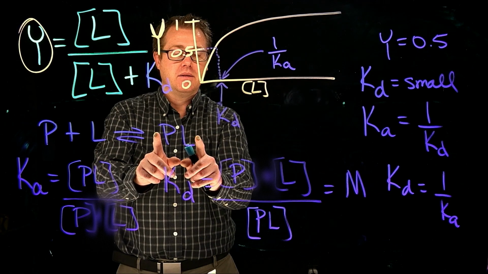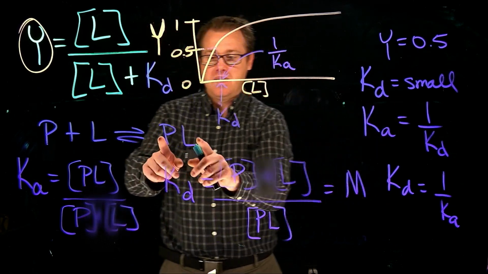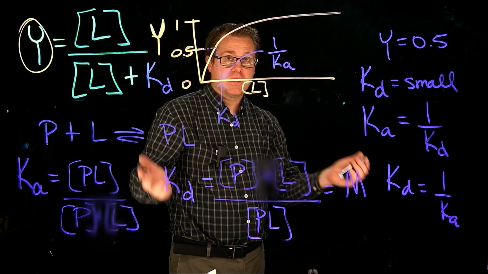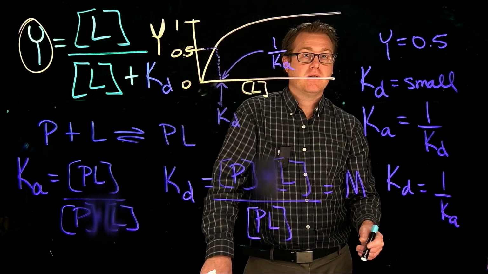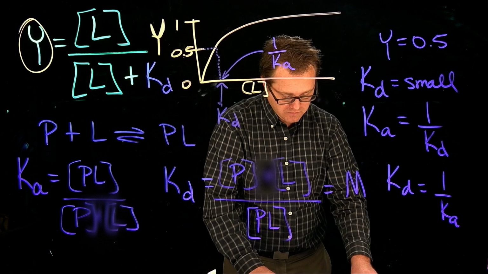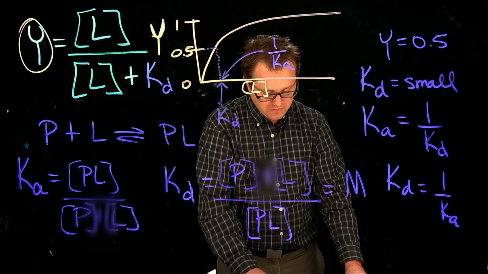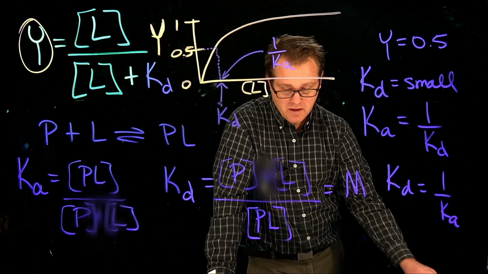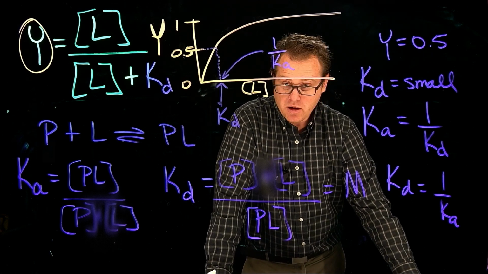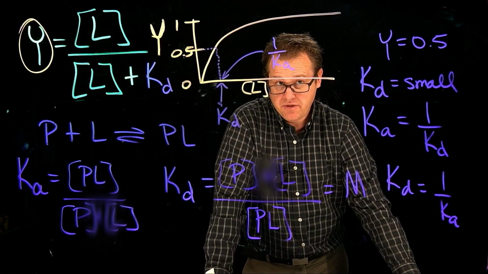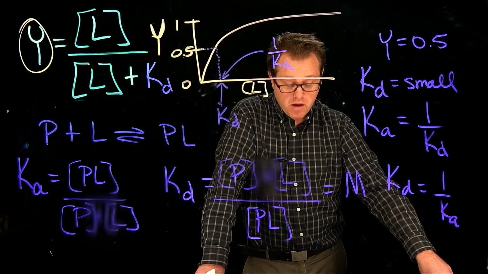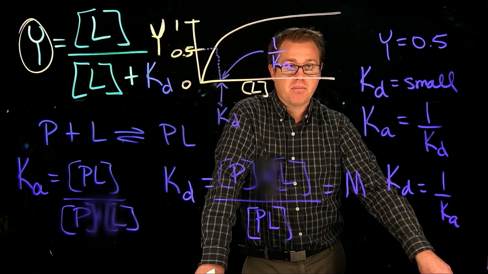But a large KD means it's going to look like this. And so there's going to be a large dissociation constant, implying that the protein-ligand binding isn't very tight or very strong. So if we sum it up here, looking at these KDs and these KAs, we could say a smaller KD means a stronger binding affinity between the ligand and the protein. And also a small Ka means a strong binding as well.